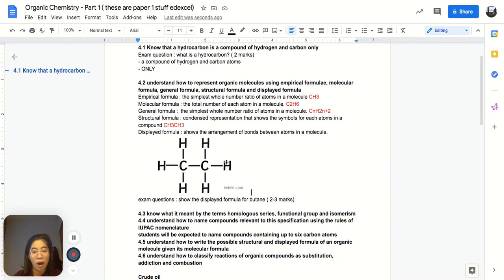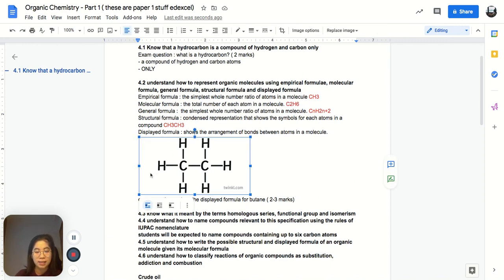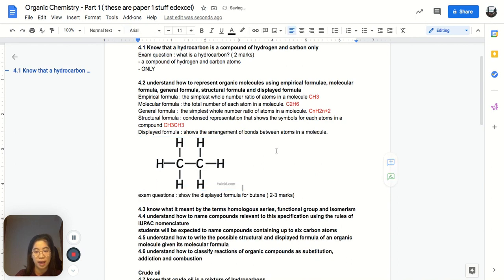So I quickly pop up a picture of what a display formula would be like. They always love to ask you to draw a display formula for alkane and alkene. So basically, this is alkane and alkene. This is alkane, this is ethane. So this is ethane displayed formula.